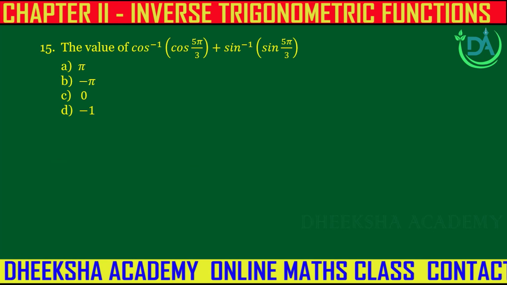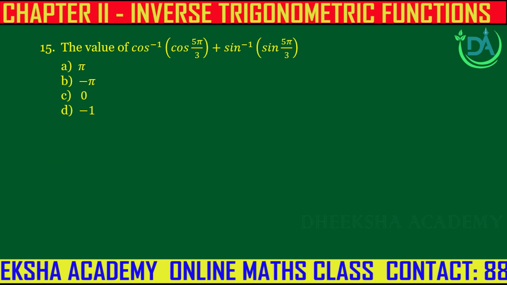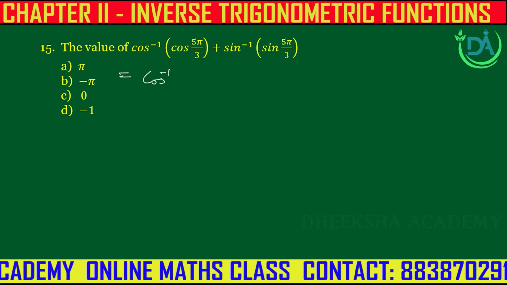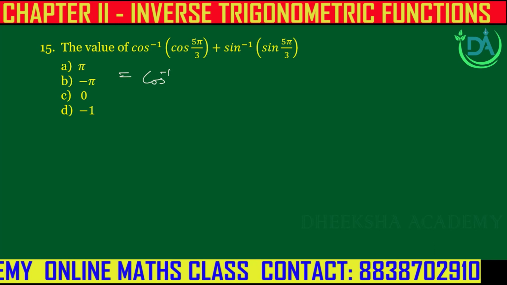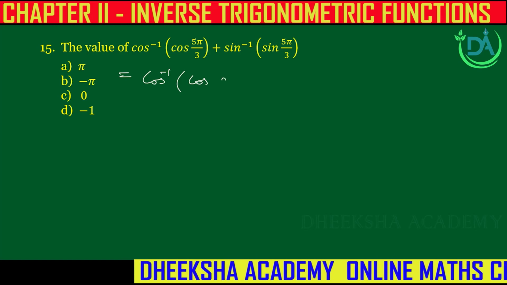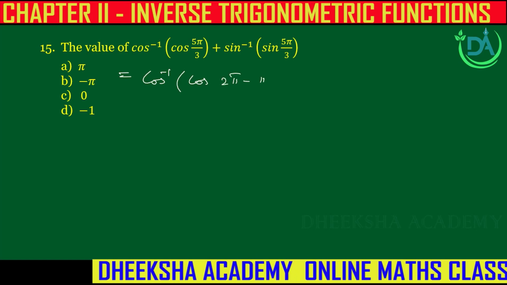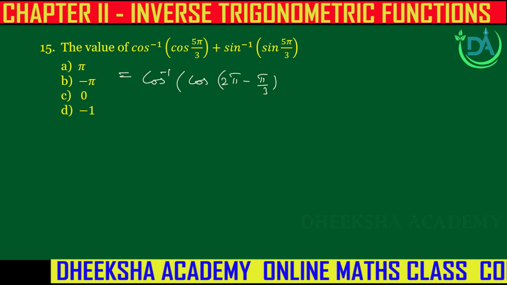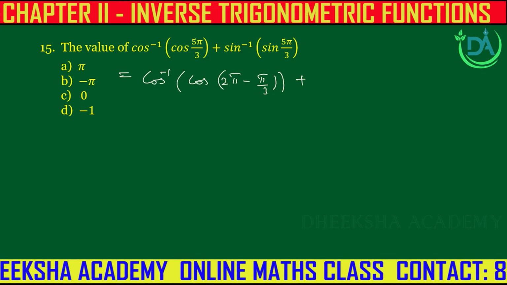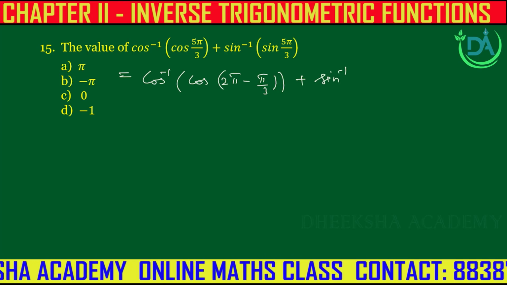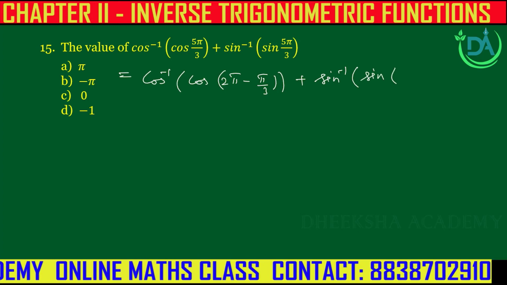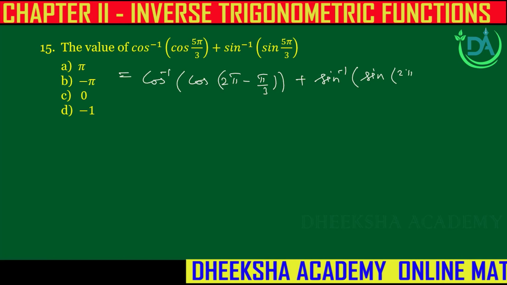The value of cos inverse of cos 5 pi by 3 plus sin inverse of sin 5 pi by 3. Cos of 5 pi by 3 can be written as 2 pi minus pi by 3, and sine of 5 pi by 3 again can be written as 2 pi minus pi by 3.